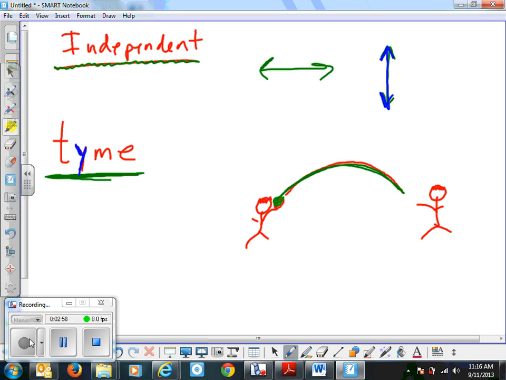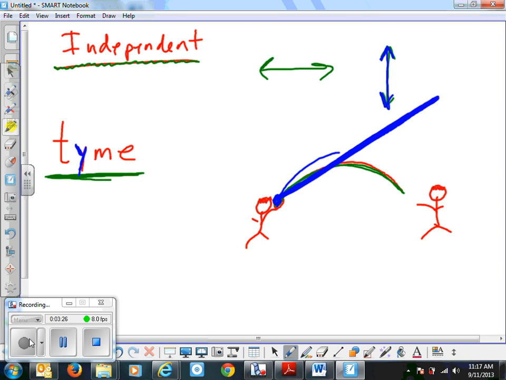Because if I threw a ball up, and there was no acceleration, do you know what the path would look like? Well, the path would be straight, right? Because Newton's first law is, things maintain their state of motion unless acted on by an outside net force. So that would go in a straight line, but we know that doesn't happen.